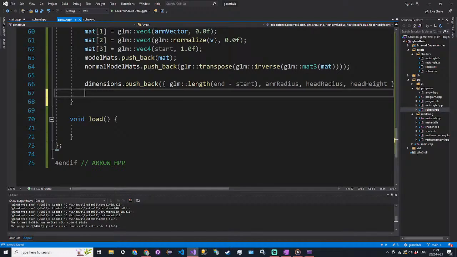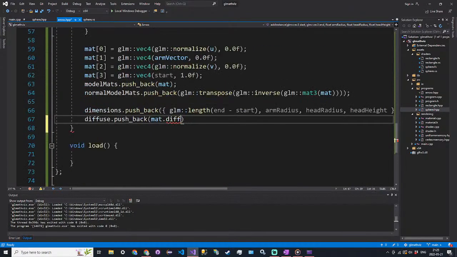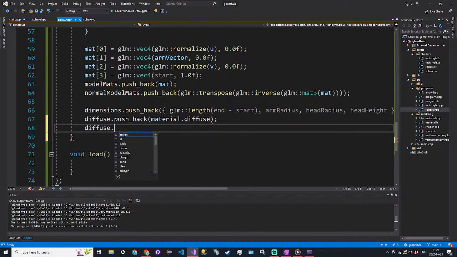And then we're going to do colors dot, oops, not colors, sorry. Diffuse dot pushback. Material dot diffuse. It's just called material, sorry. And then specular dot pushback.